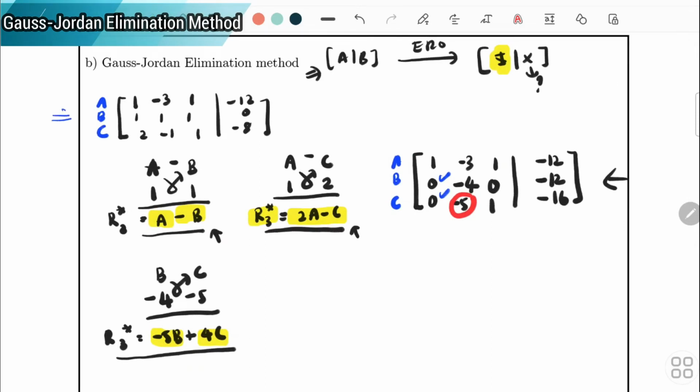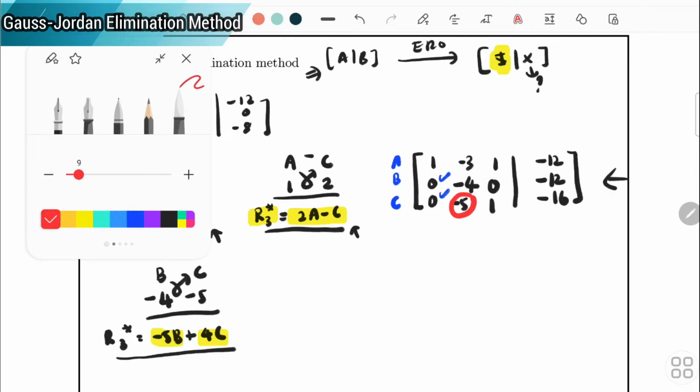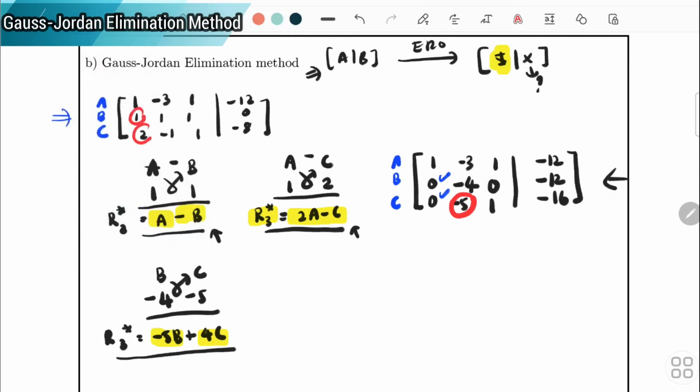Okay, this is what we should start with, which is the form of A augmented with B, and then we're focusing on the first column. The first column needs the second and the third row to be changed. This is the same step that we did for the Gaussian elimination method.